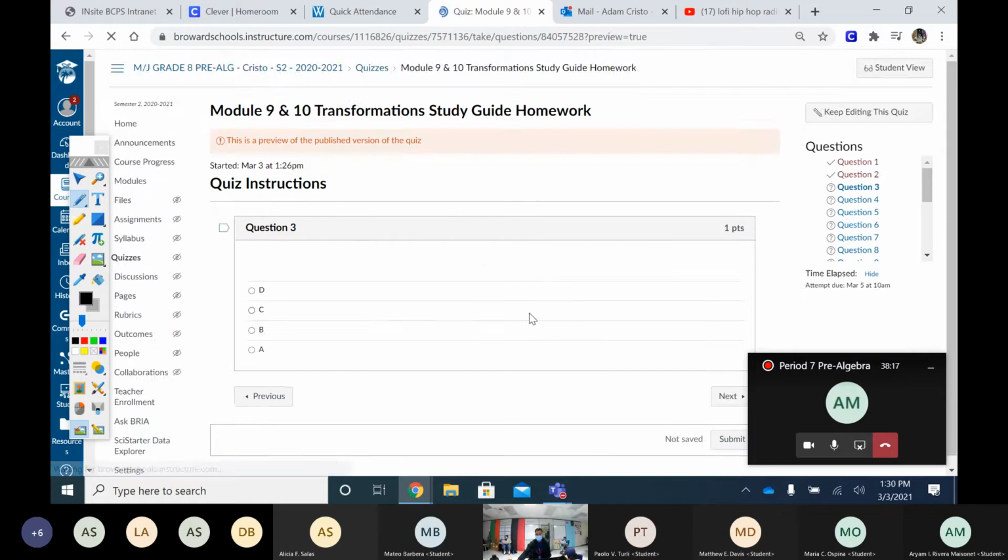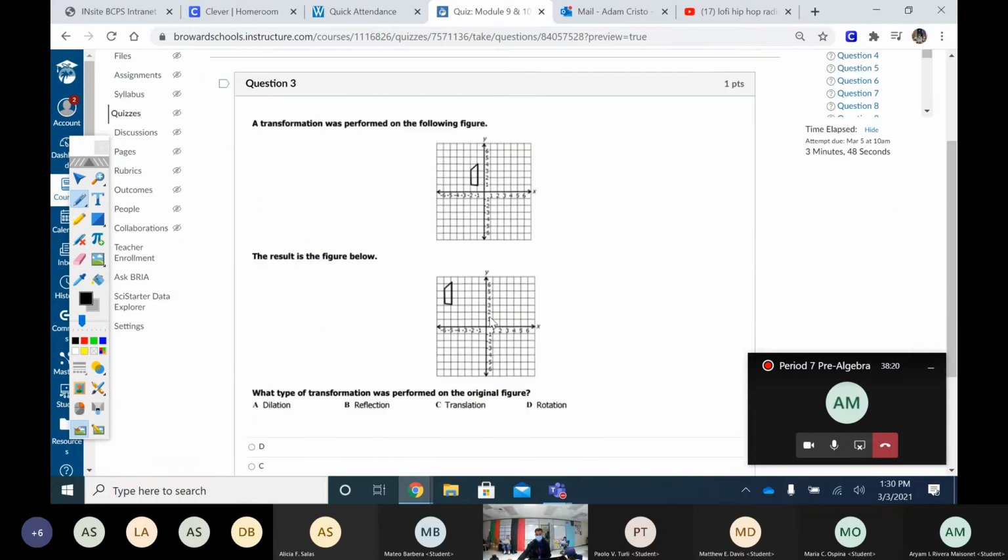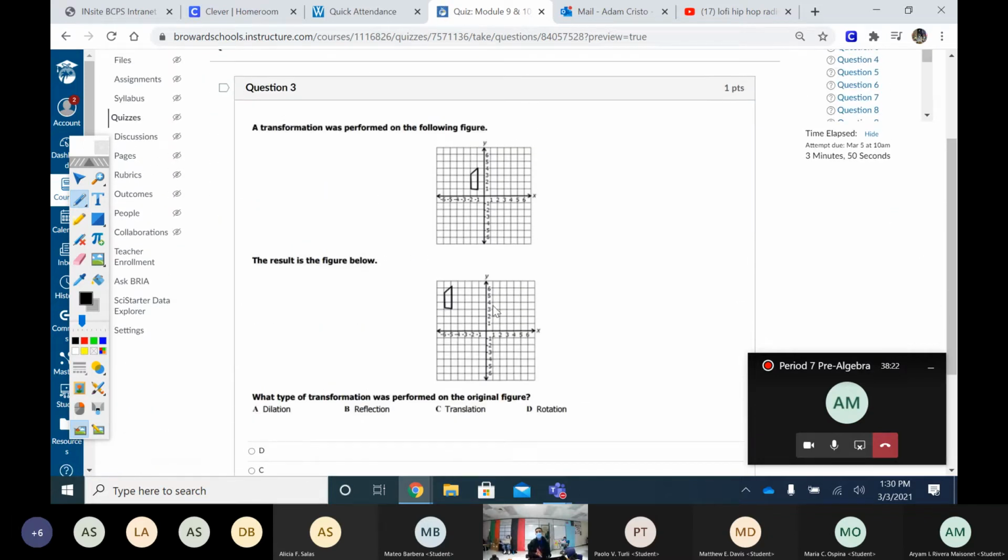Okay, number 3. Please do not guess on this one. I don't see a flip anywhere on there. I don't see that this thing turned, because it's aiming up right now, and I don't see that it aimed sideways. What happened to this one? How did it get from this spot right here to right here?